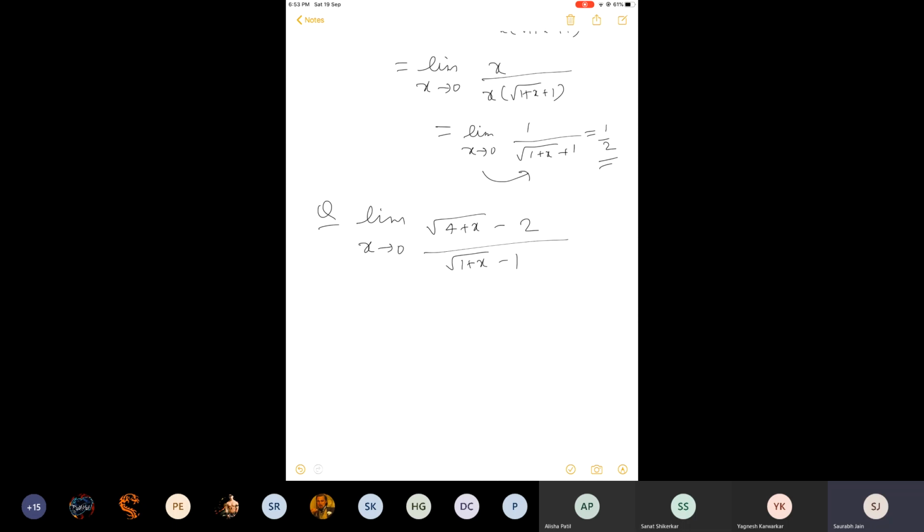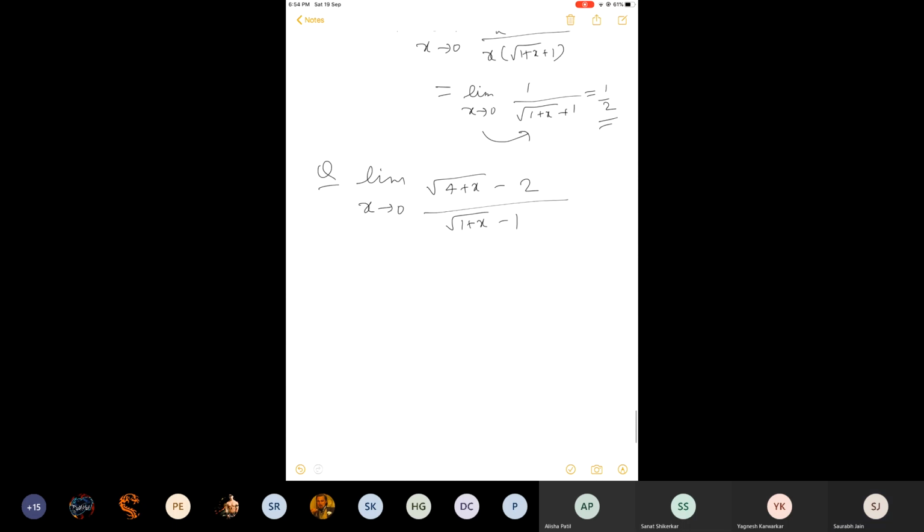And what I told you in the previous class, we are studying the nature of the functions which are approaching indeterminate form. So basically we are finding the values for studying the nature. If anyone can solve this question, I'm waiting.